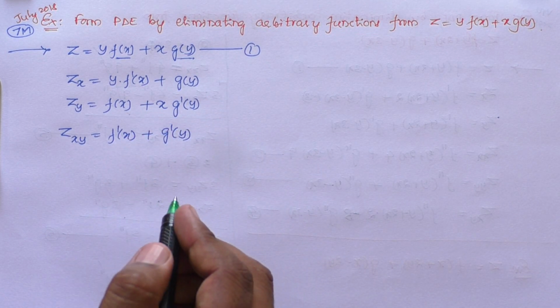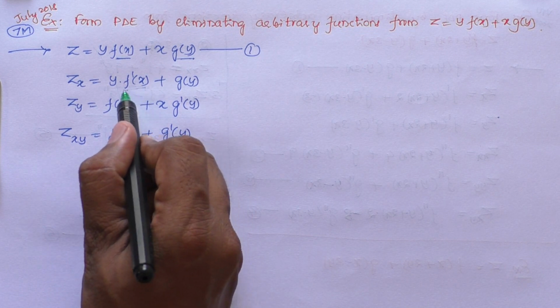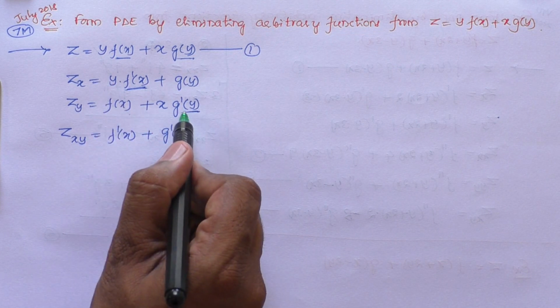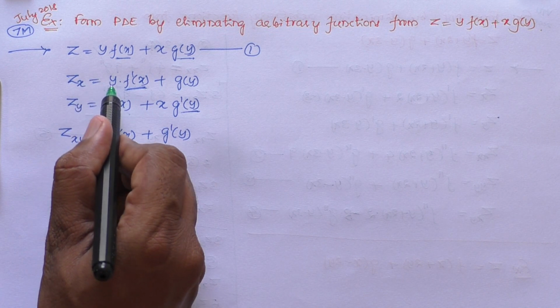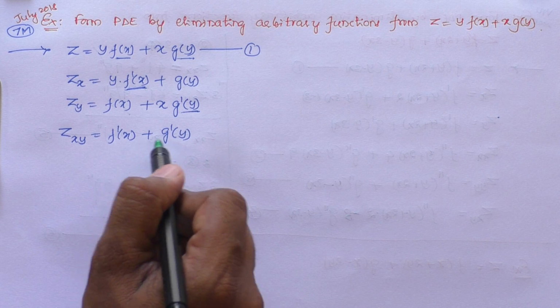So this is what we got, f dash plus g dash. Look at this: zx has f dash, zy has g dash, but the multiple is y here and x there. So cross multiply: zx multiplied by x, zy multiplied by y, you will get f dash plus g dash.